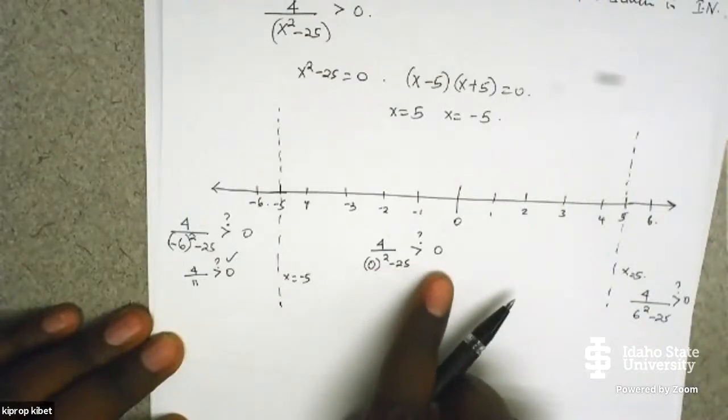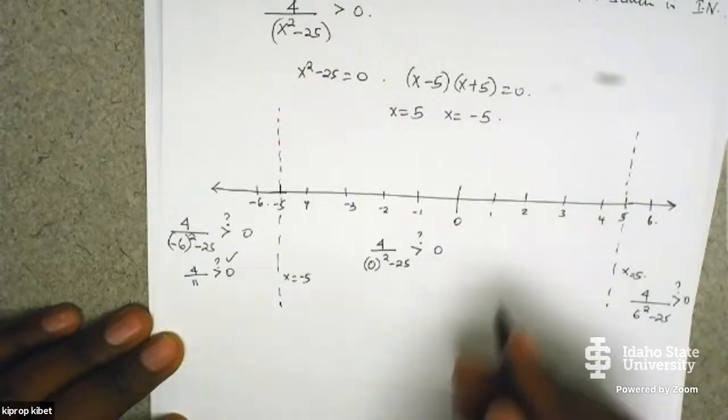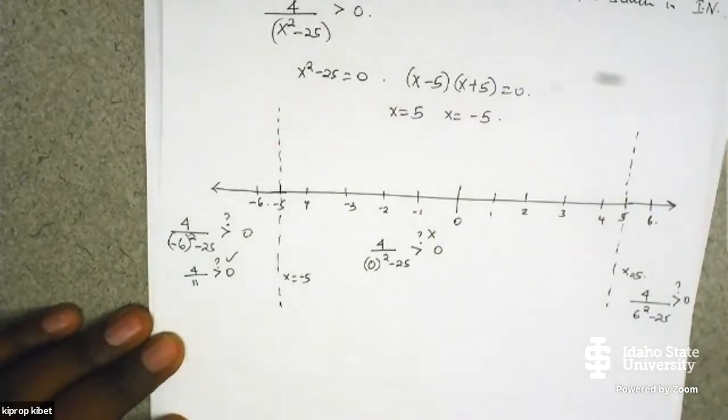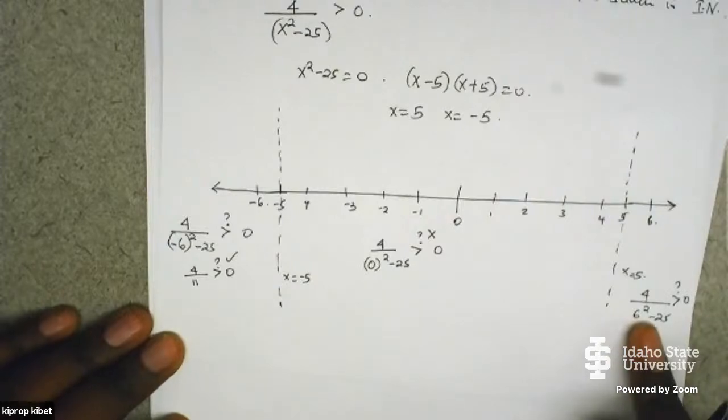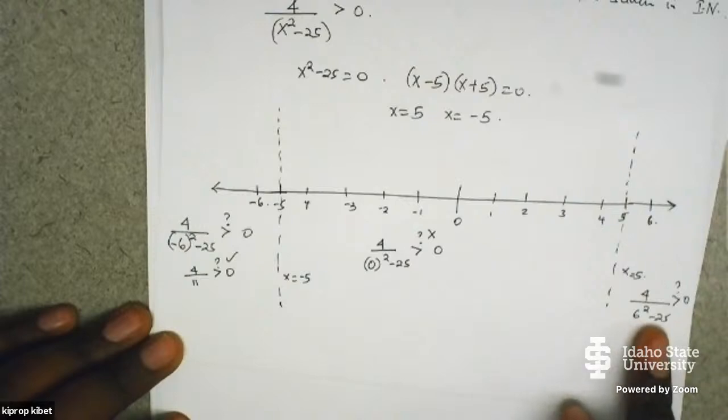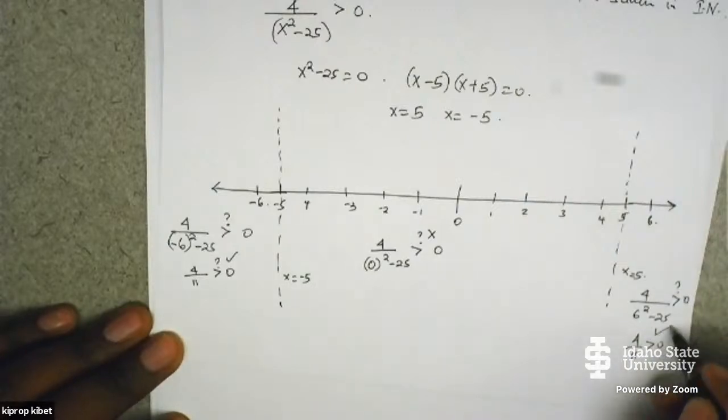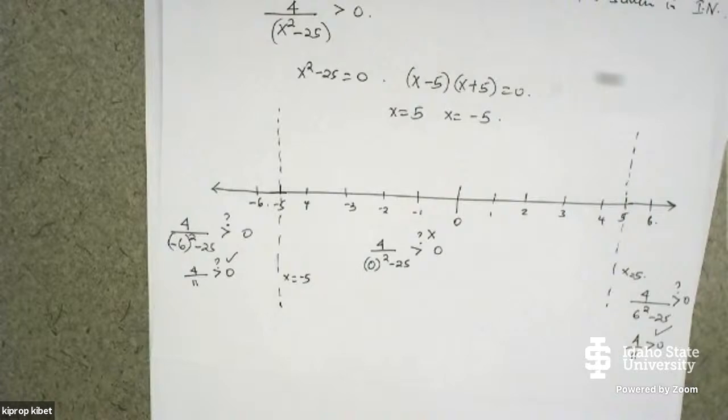Is this one greater than 0? No, so this is not greater than 0. And then for 6, 6 squared is 36, so 4 over 11 is greater than 0. Yes.